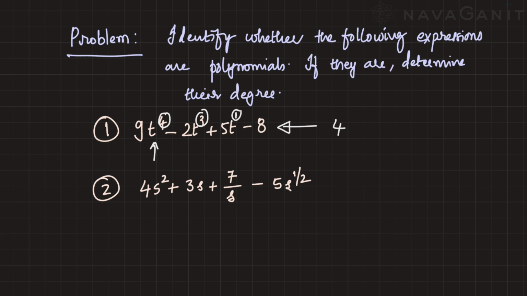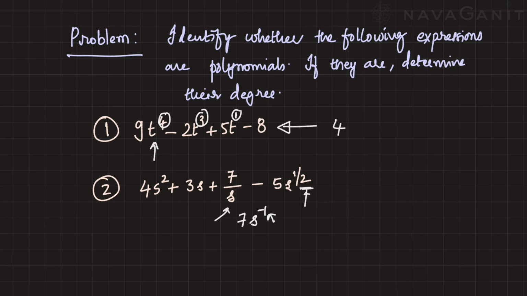The second expression, however, is not a polynomial because it contains a fractional power, and in this case this is nothing but 7s to the power of minus 1. So one term has a negative power and the other term has a fractional power for the variable s. So this is not a polynomial.